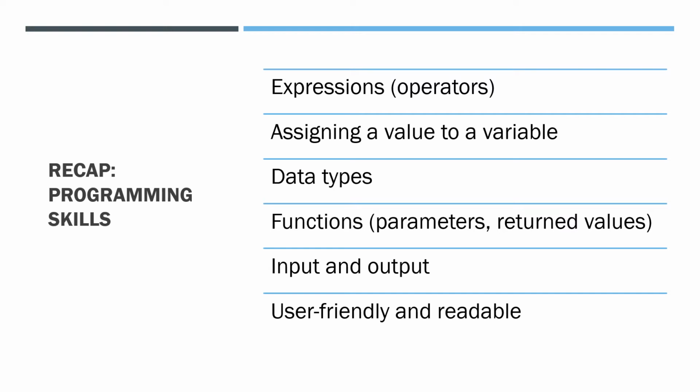You've learned about the different data types and how to change the data type of a value. You've learned a number of different functions, and be aware that functions have parameters and return values. You've used input and output commands, and you've learned to make your programs user-friendly and readable. All of these skills will be used as we tackle the next problem.